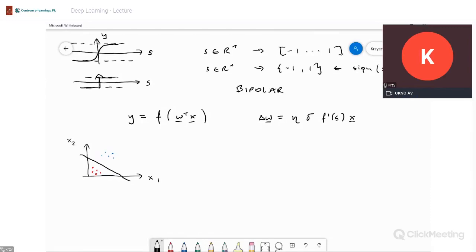I can either train this neural network using consecutive samples, or using a mini batch approach. And if this is a mini batch approach, on the right hand side, instead of a single X, I will just put a sum of a few X's that create such a mini batch.